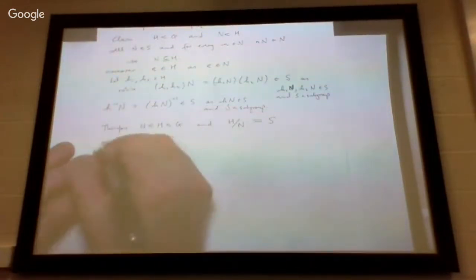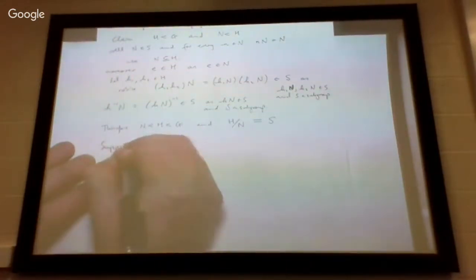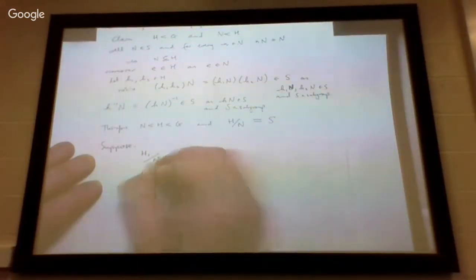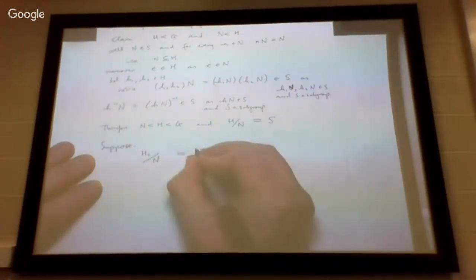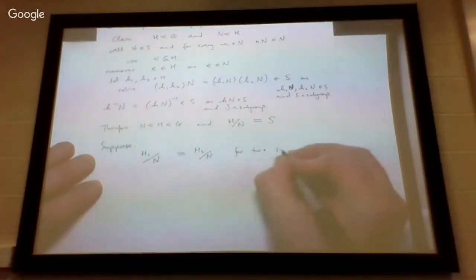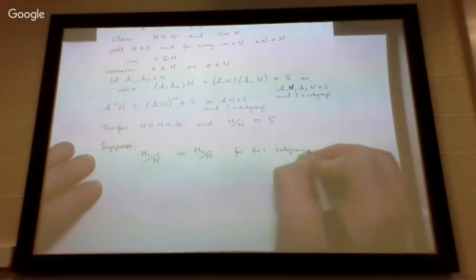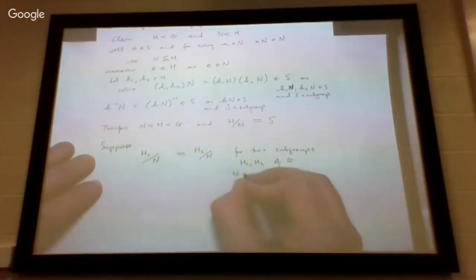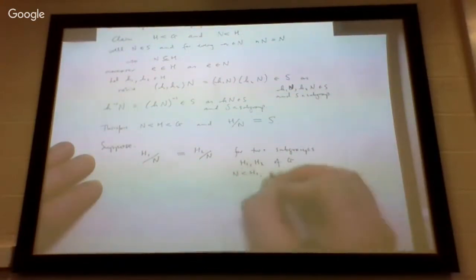Basically what we're saying here is suppose H1 mod N equals H2 mod N for two subgroups H1, H2 of G such that N is contained in H1 and N is contained in H2.